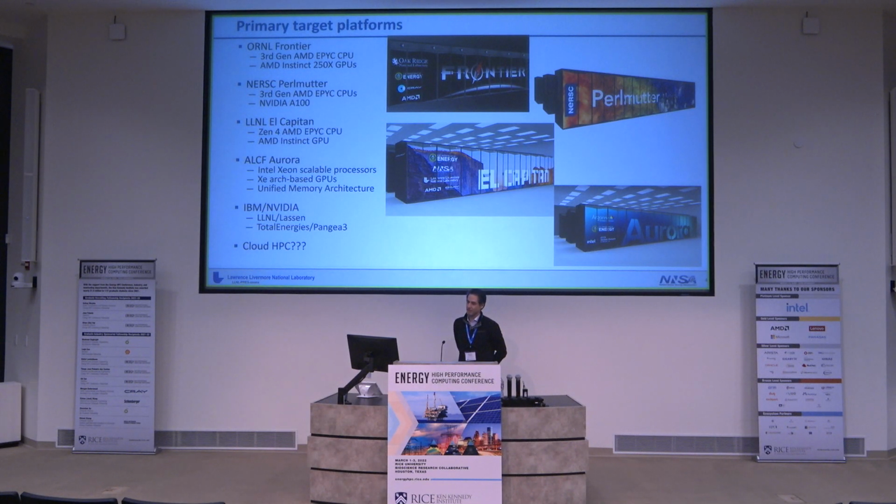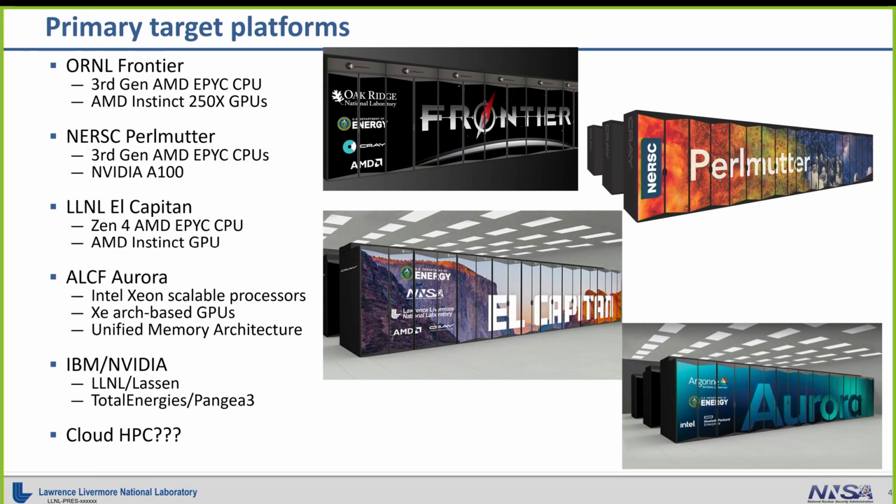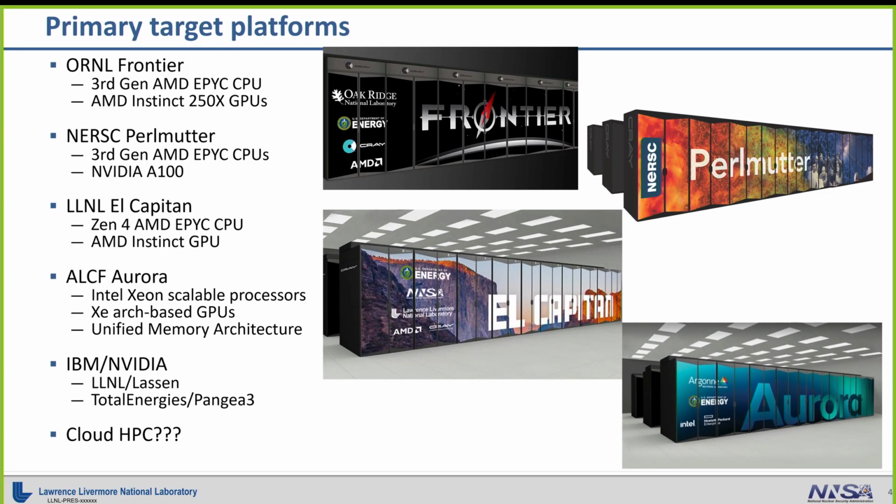Frontier and LCAP are AMD, Perlmutter's NVIDIA, ALCF's Aurora is Intel, and obviously we have our legacy systems, which are the NVIDIA V100 systems with IBM that are deployed at Lawrence Livermore and Total Energies. There's a little bit of rumbling to do cloud HPC, but that's maybe not our top priority.